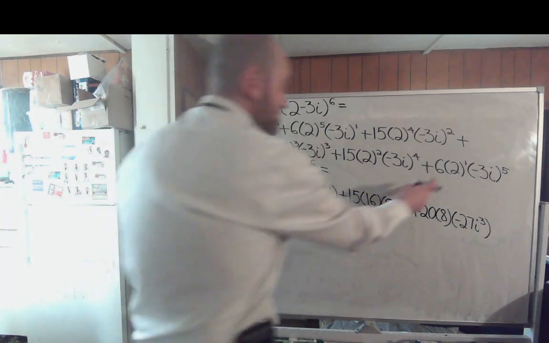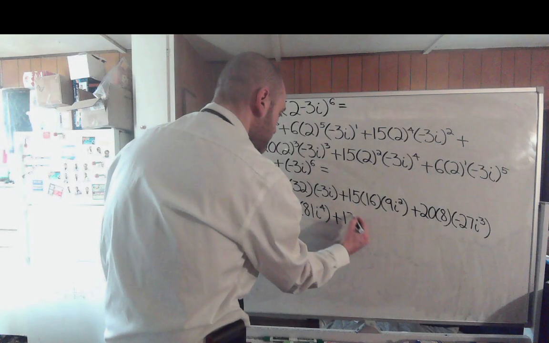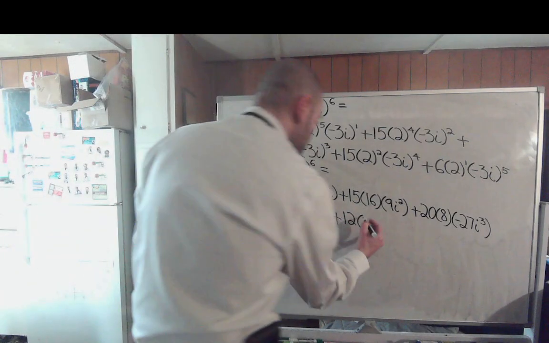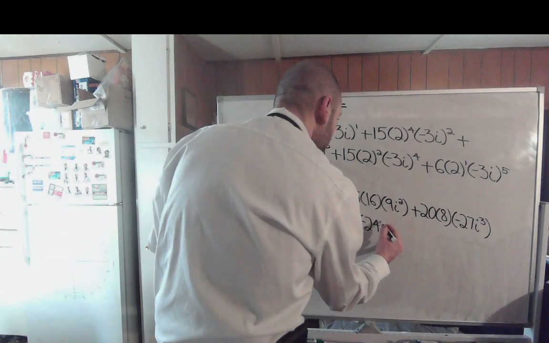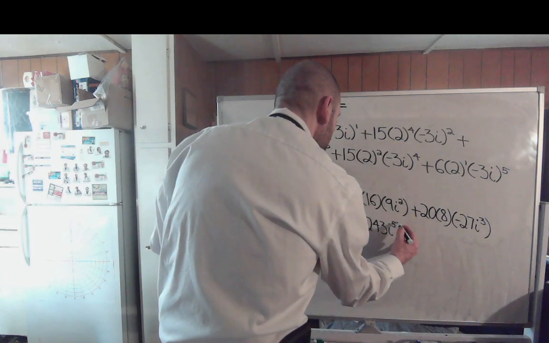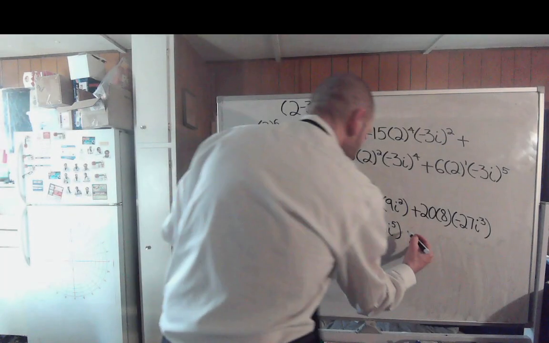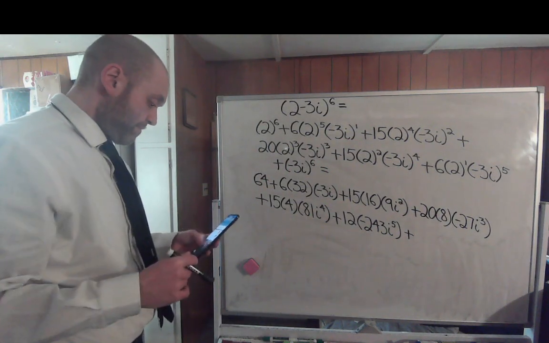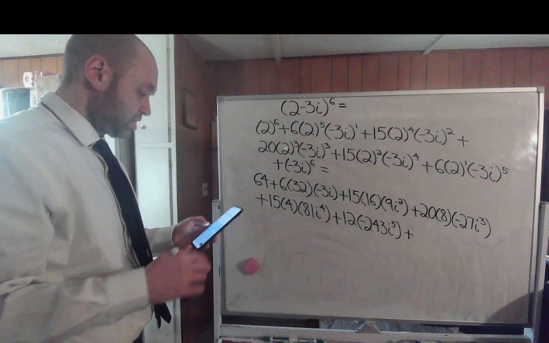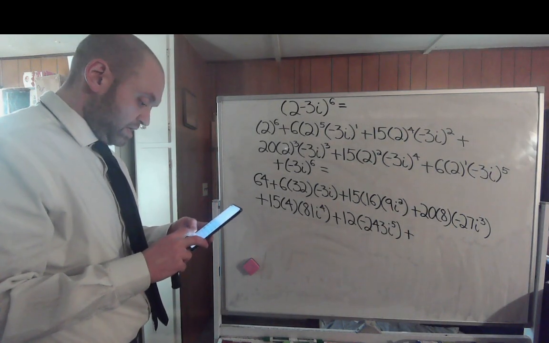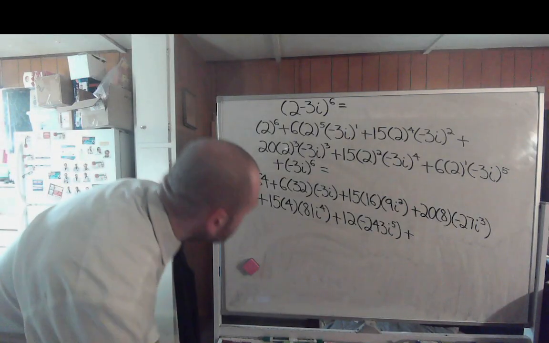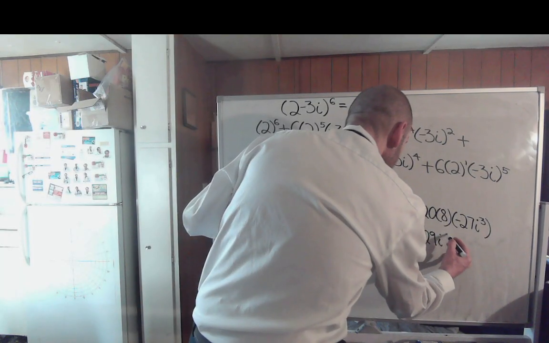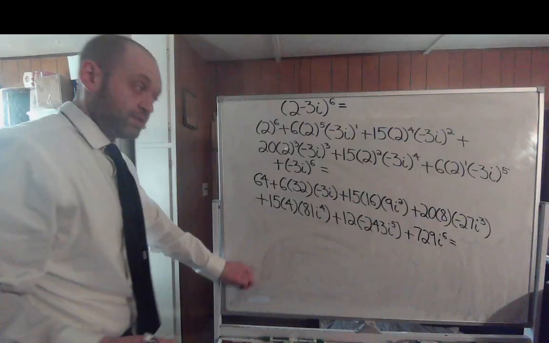Plus now you have 6 times 2 to the first, well that's just 12, times negative 3i raised to the fifth, that'll be times negative 243i to the fifth, plus one more term. We have that negative 3i to the sixth. So what's 3 to the sixth? So that's going to be plus 729i to the sixth. All right, so there's that thing.